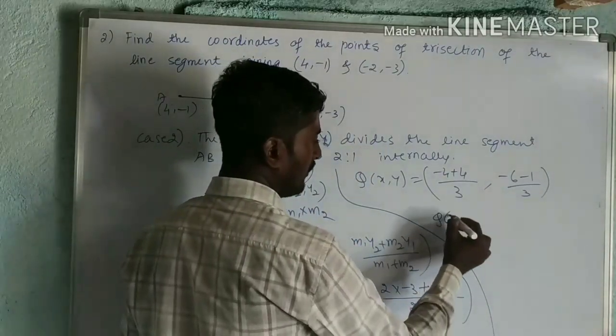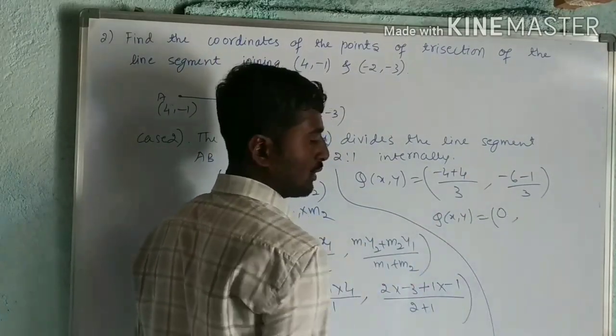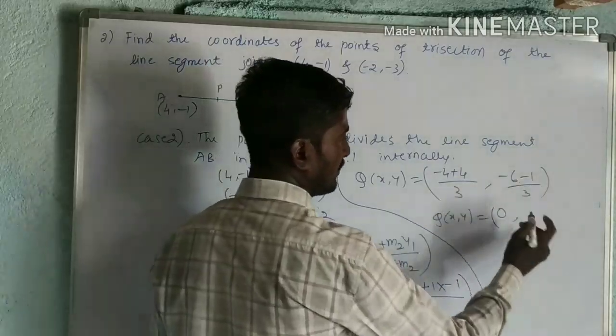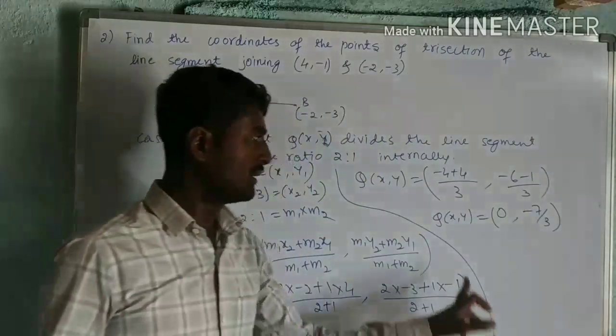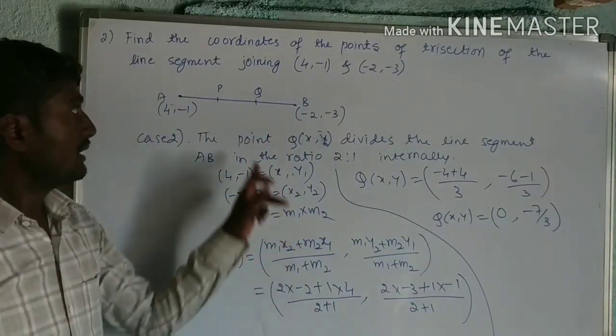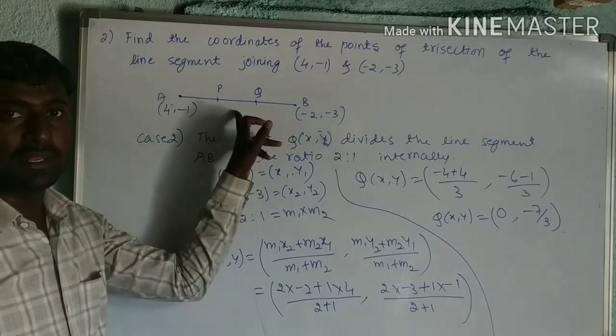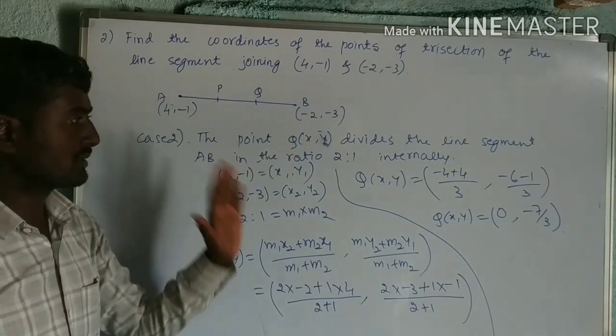Minus 4 plus 4 is 0 comma, minus 6 minus 1 is minus 7 divided by 3. So point Q is 0 comma minus 7 by 3. They asked you to find the points P and Q, so we got the P and Q values.